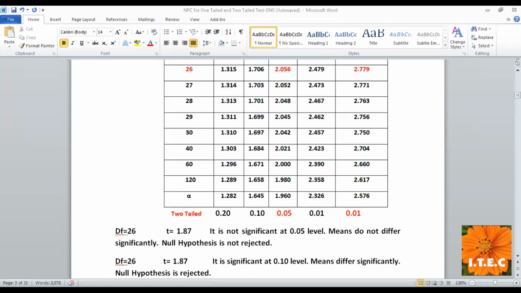I repeat, in reality, the null hypothesis should not be rejected, but the researcher decides to reject it, is called type 1 error. Is it slightly clear to you or not?